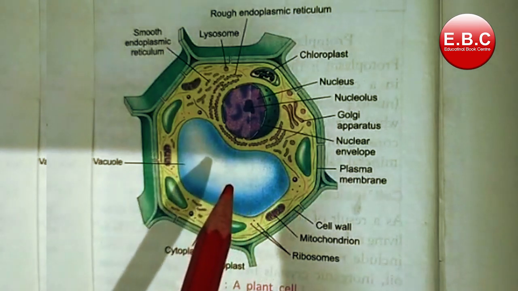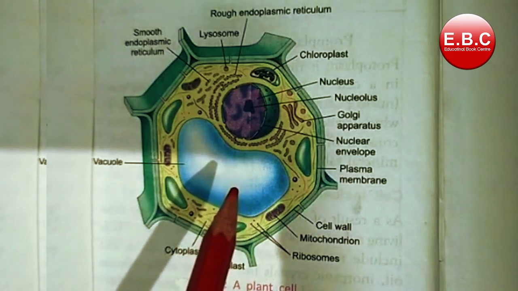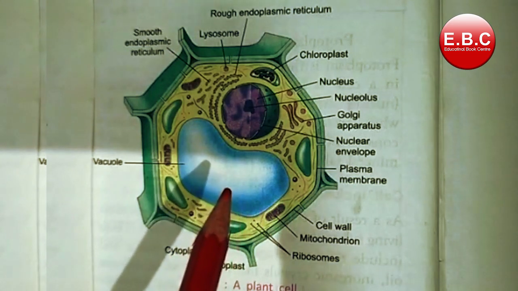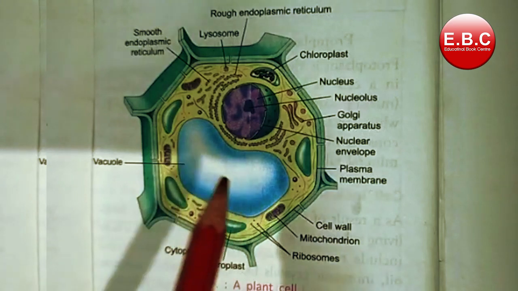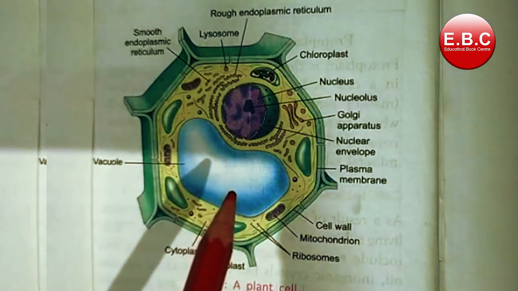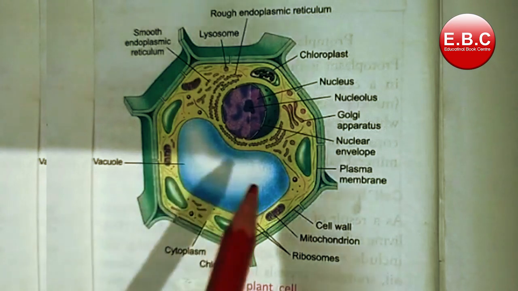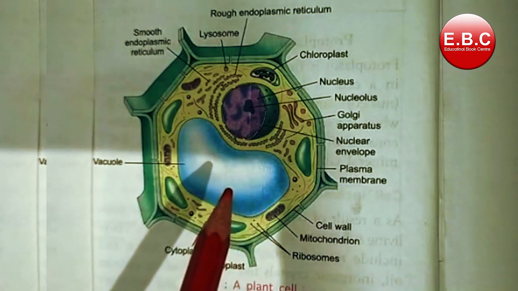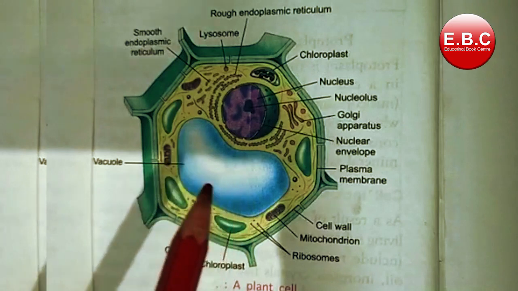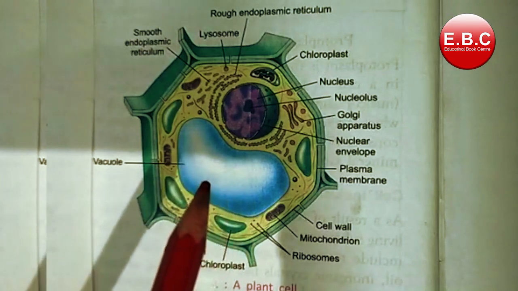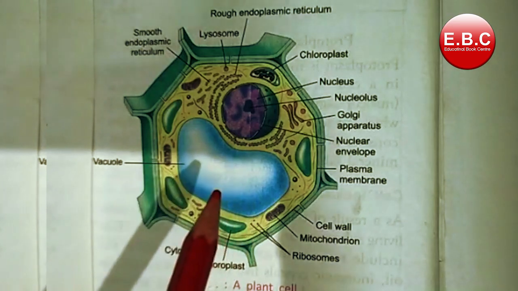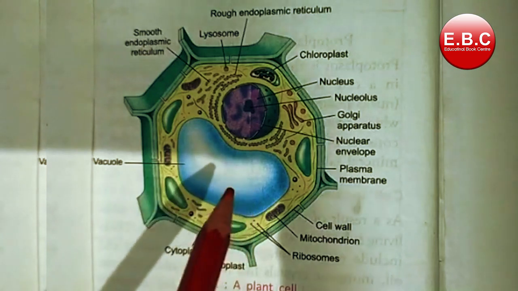It maintains the cell turgidity, and this is usually absent in animal cells, and if present, then they are very small in size. The main function is that it stores water and other materials in the cell.